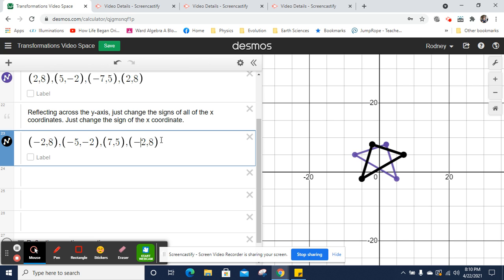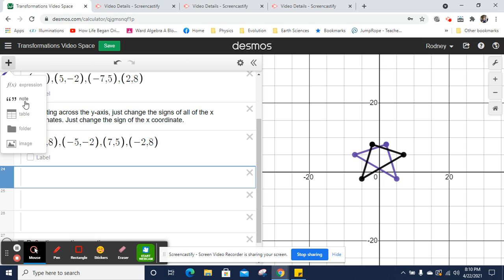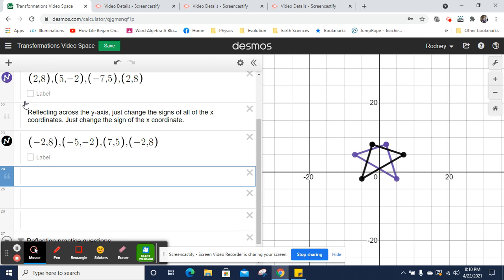Okay, now we're going to go ahead and do a vertical transformation. So we're going to reflect across the x-axis. Okay, and when we reflect across the x-axis, what's going to happen? You may have already guessed it. Think about this for a second.